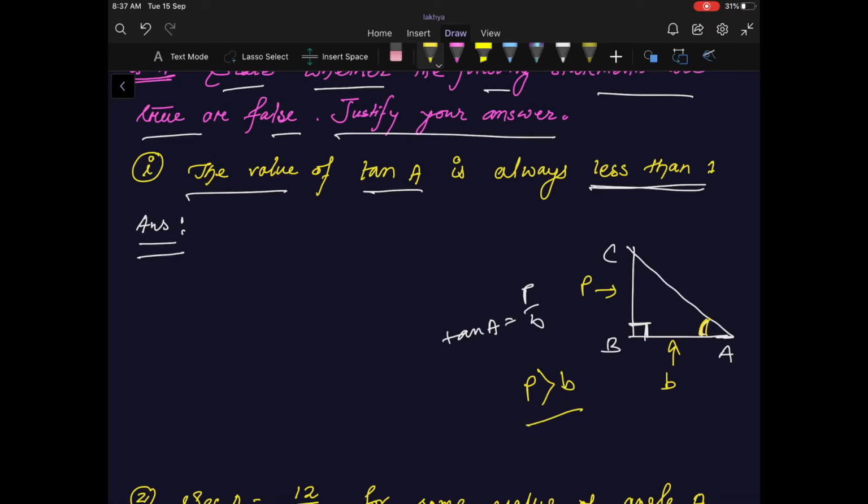So P by B must be greater than 1 if P is greater than B. That's why we cannot say tan A is always less than 1. It may be greater than 1. So this given statement is false. Now, how to justify your answer? Justification.